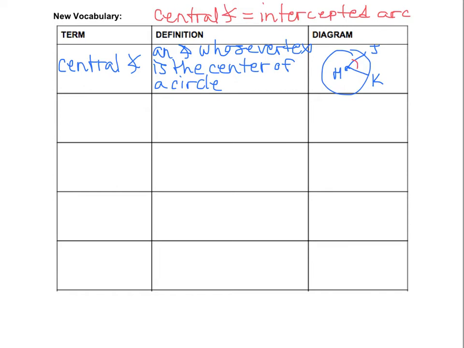The intercepted arc would be this JK here, and so you would just need to remind yourself that the measure of angle JHK is always going to be equal to the measure of arc JK, and we do a little curve over the top there, not a segment symbol. So that's a really important central piece of information, no pun intended.